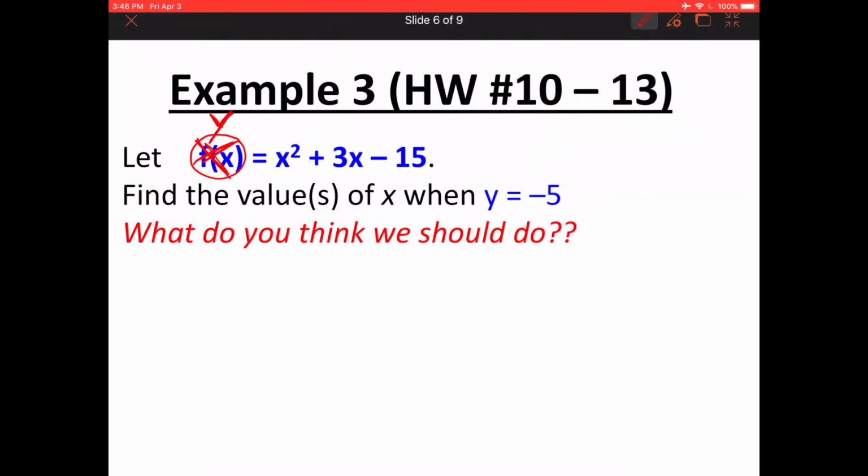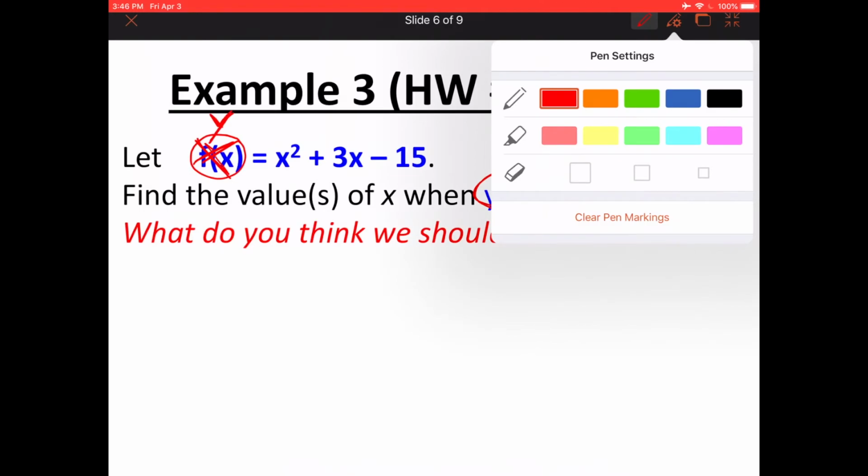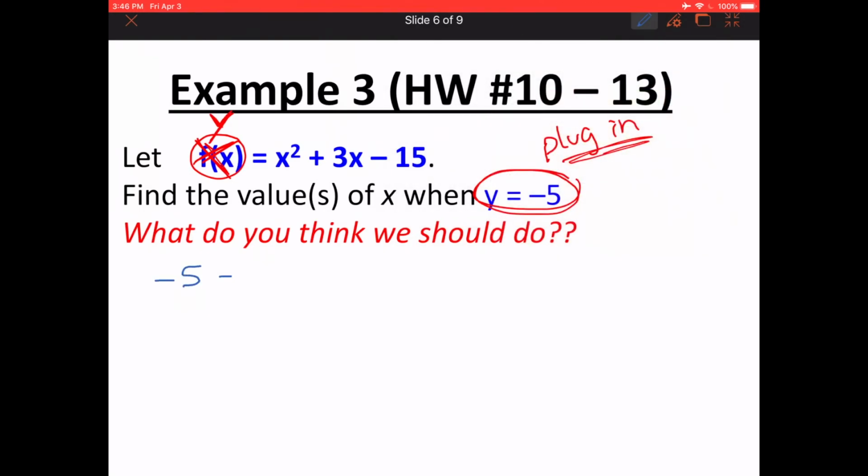And if the question is telling us that y equals negative 5, what we're going to do is plug that negative 5 in. So how I should set up this equation is negative 5 equals x squared plus 3x minus 15.